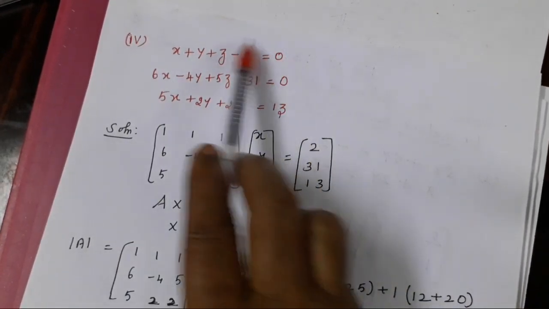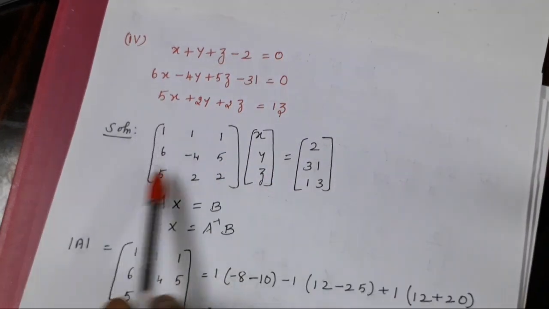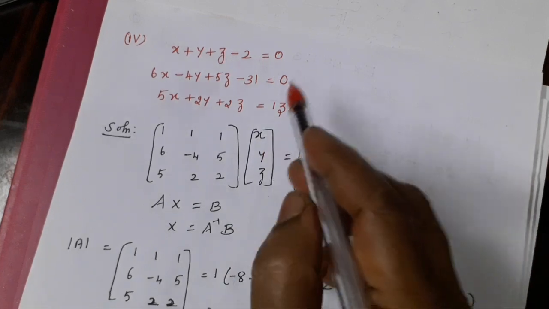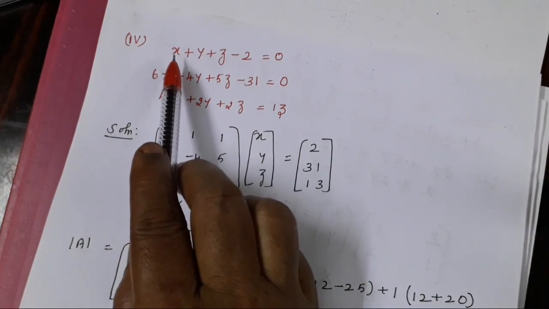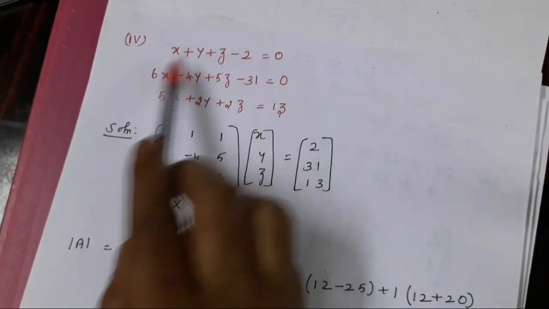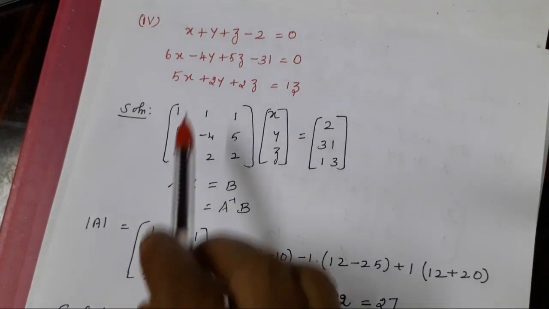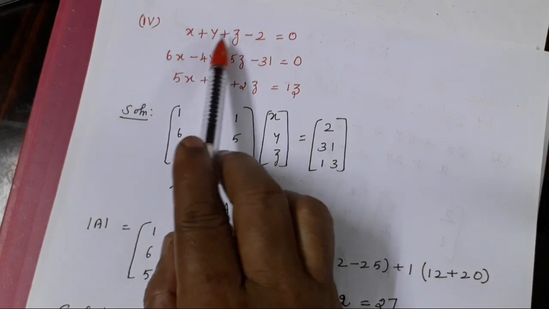So the given equations are rewritten in the matrix form. How many equations are given? 3 equations. Therefore, you are able to solve for x, y, z. How to rewrite in the matrix form? Write the coefficients of x, y, z.